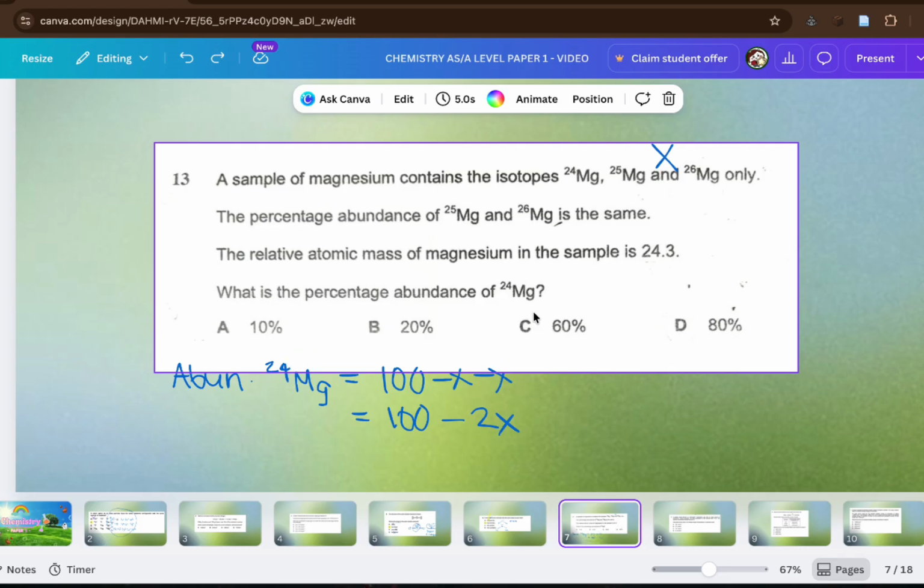That's the formula for magnesium 24. Now we just use the formula for relative atomic mass.